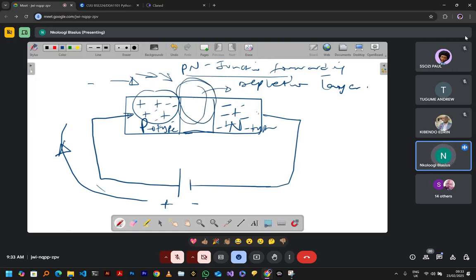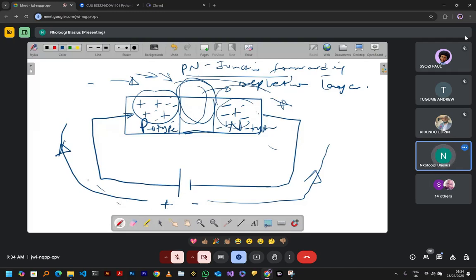So they are forcing it to decrease, because as they come like this, also these negative ions are moving this side like this and meeting the other negative ions that are majority here. So they also push them, because they are like poles here, and close this depletion layer, causing it to almost go away.